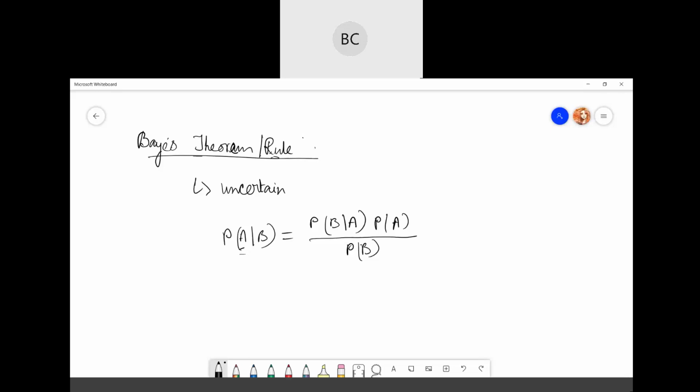And this is called your posterior. This part is the likelihood, B is true given that A is true. Then both A and B are independent variables. So this part you can also imagine as P given cause.